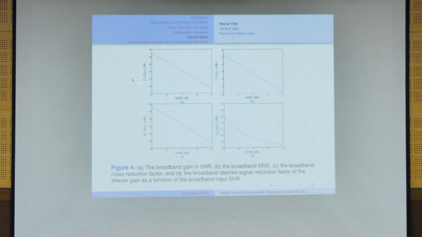So here we see the gain in SNR, the MSE, the noise reduction factor, and the desired signal reduction factor as a function of the input SNR, obtained with the Wiener gain. Okay? So we see the trend. Of course, the noise reduction decreases, the gain decreases, the MSE decreases, and the distortion decreases as we increase the input SNR.